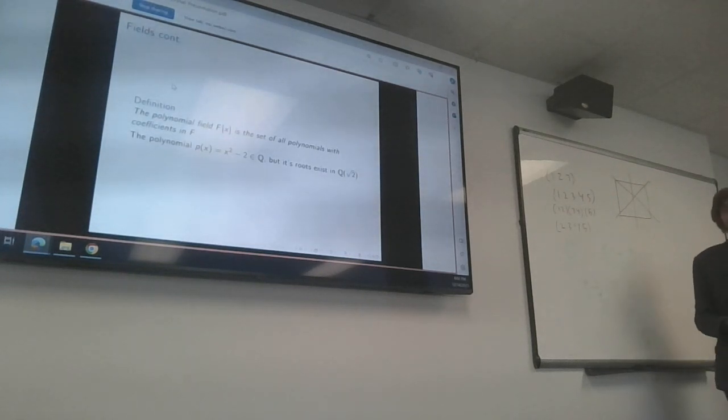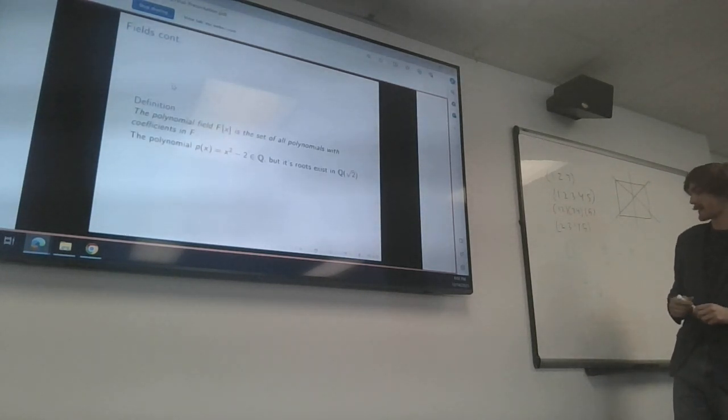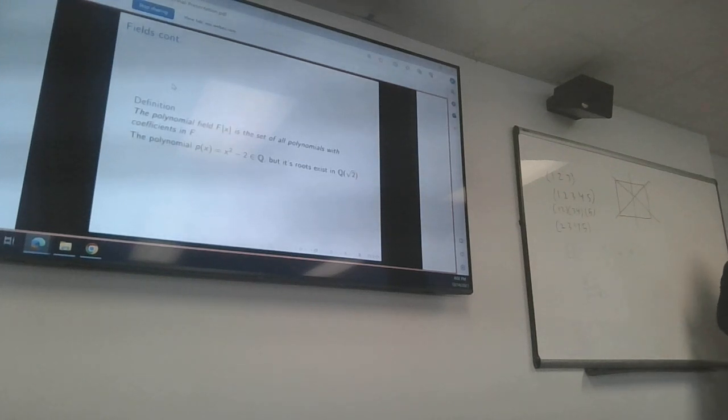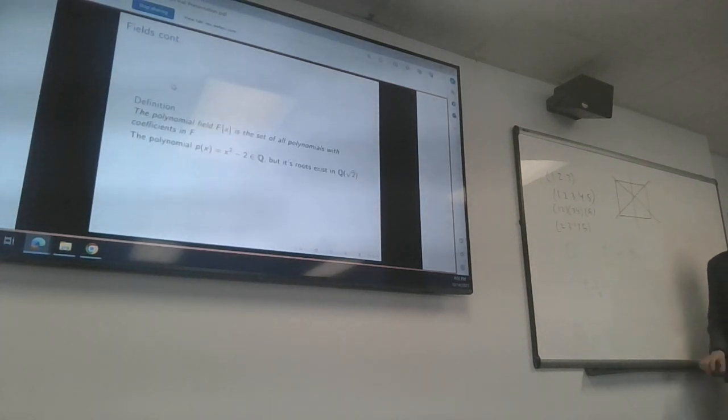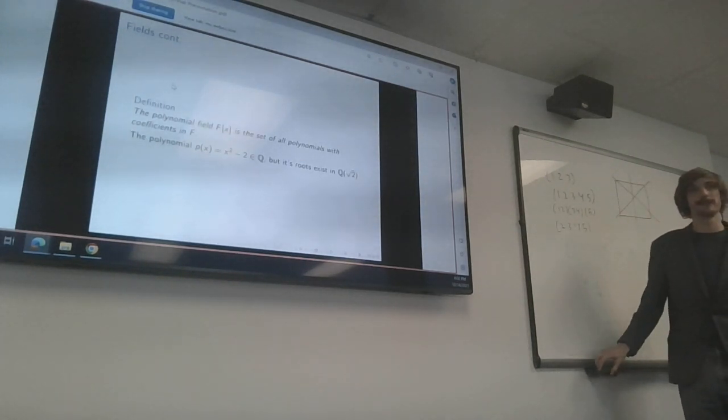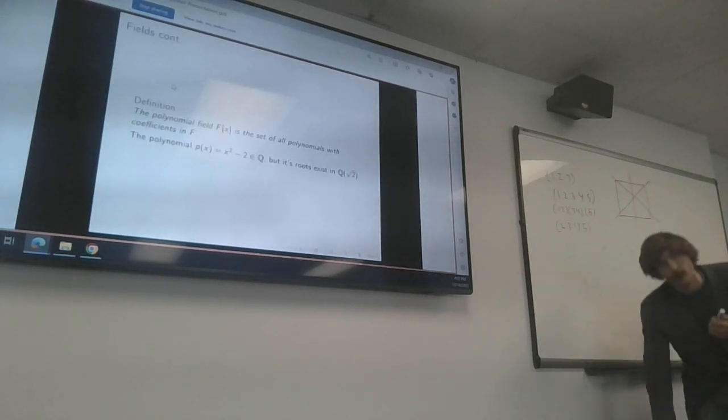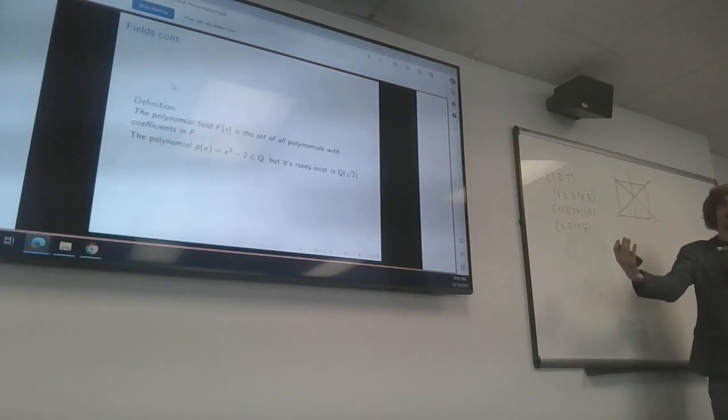And then another important aspect of Galois theory here is polynomial fields. A polynomial field is a set of all polynomials with coefficients in the base field.